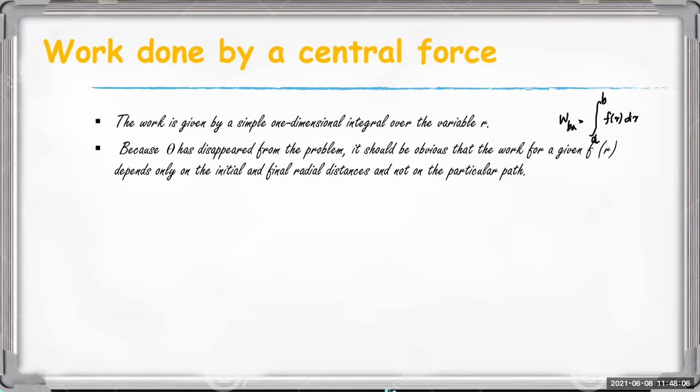It should be obvious that the work for a given F of r depends only on initial and final radial distance and not on the particular path. Here it does not depend on theta. It depends only on the endpoints RA and RB.